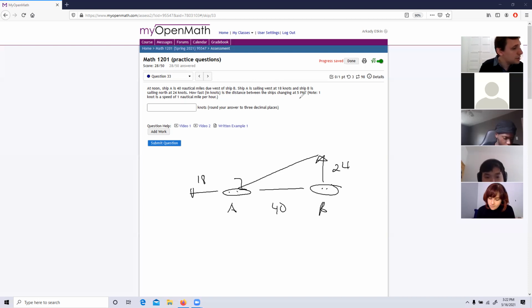So it's 18 times 5 in this direction, and it's 24 times 5 in this direction.